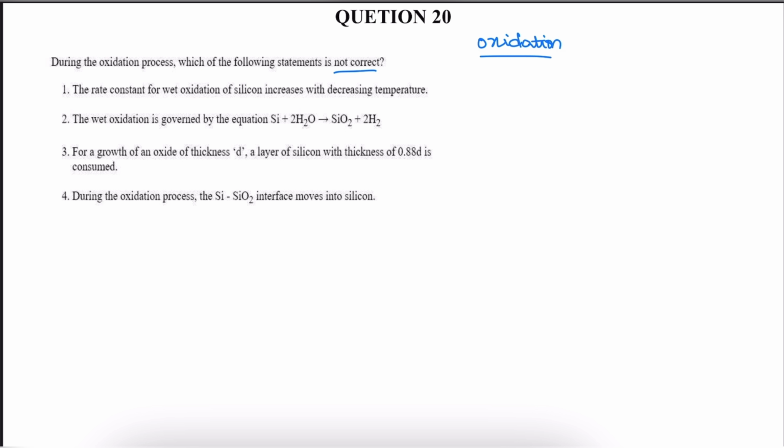Oxidation is a process by which a layer of silicon dioxide is grown on the surface of a silicon wafer. During oxidation process, silicon is consumed.